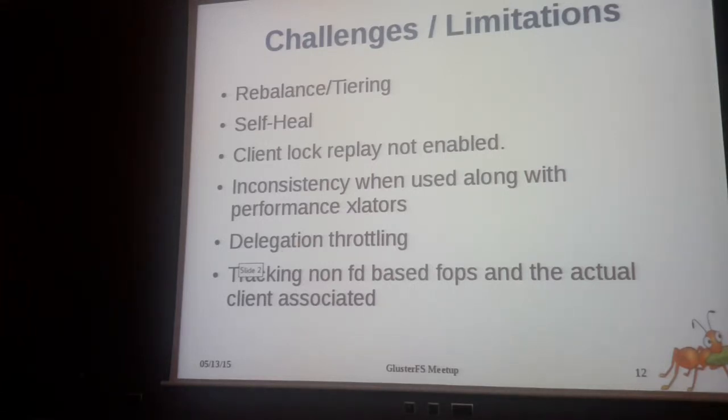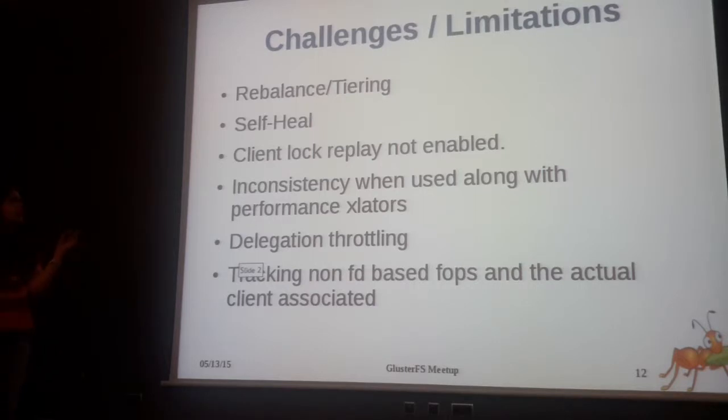And delegation throttling. Currently, the server can take a maximum of 130,000 delegations. That is because that's the inode table size that we support on the server. That inode cannot be removed from memory if a delegation is taken on that file. And once that limit is reached, it will be a DoS and any new creation of a file will fail.